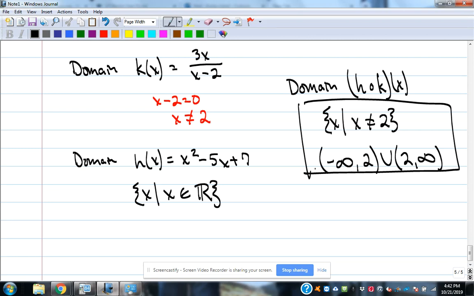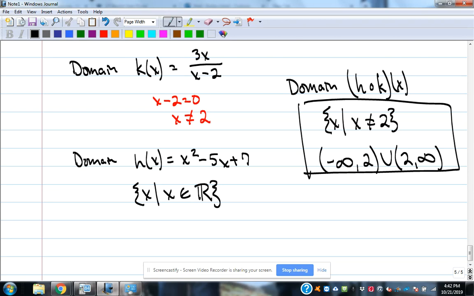If there had been restrictions on the first function in the composition statement, I would have to set the second function equal to those restrictions. That's how you find those things, especially when you're dealing with rational expressions where things could cancel out and simplify out. You could lose part of your domains if you simplify something out. So you got to be careful about that.